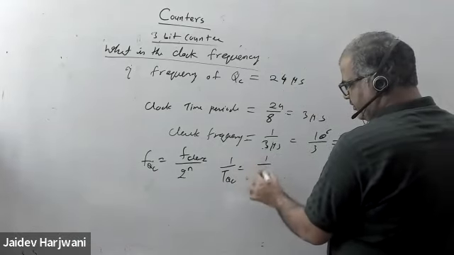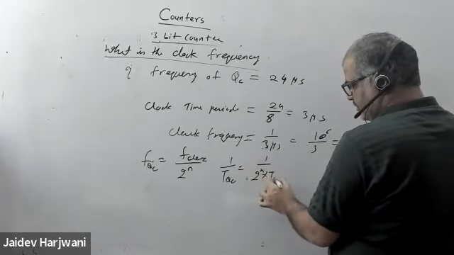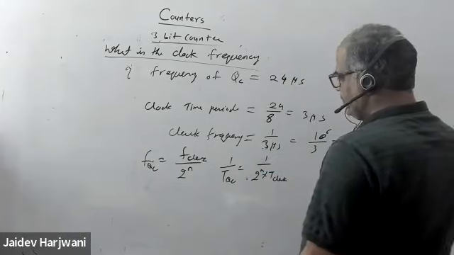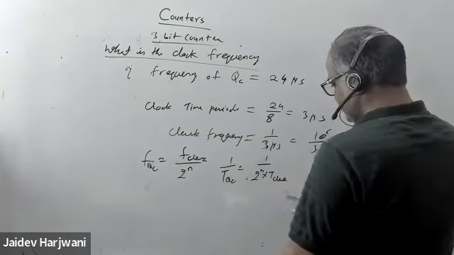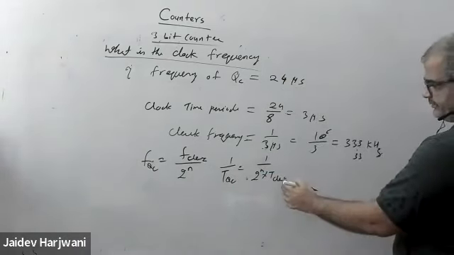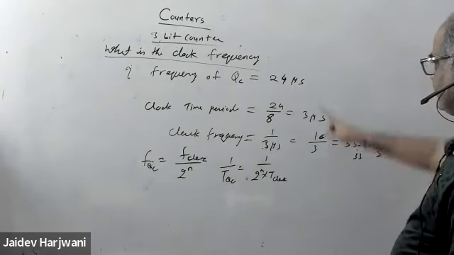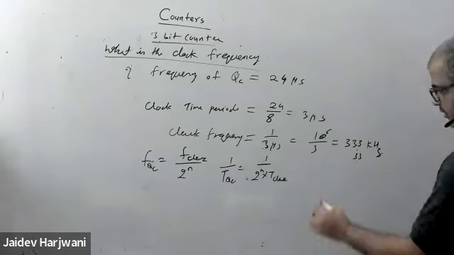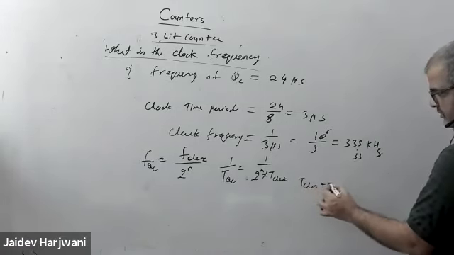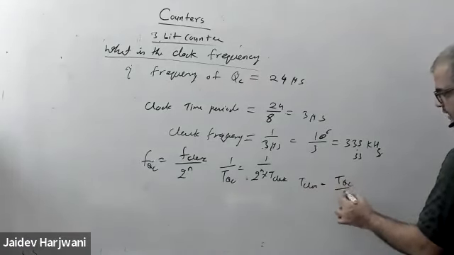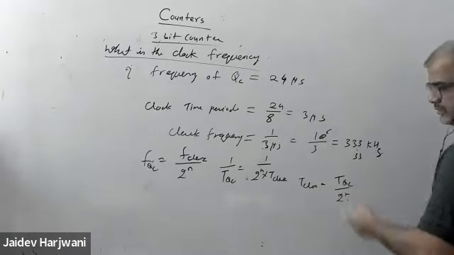Time period of clock, now you want the time period of clock, that will be the opposite of this one. This is given 24. So time period of clock is equal to time period of QC by 2 power n. So that is what I did.